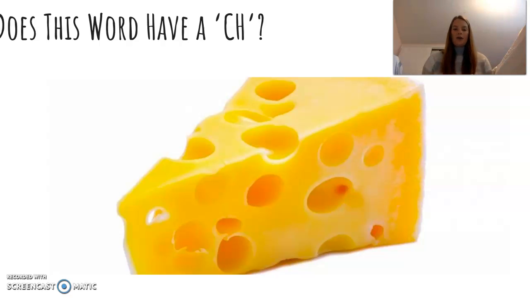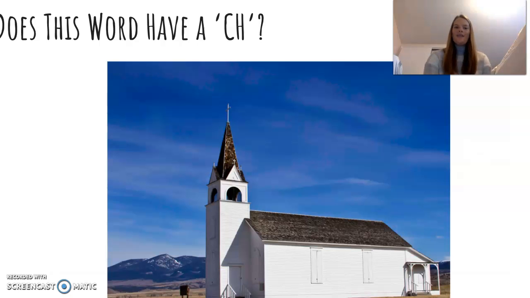And I want you to figure out if whatever picture I'm showing you has the digraph CH in its name. So let's go first with this picture. This is a piece of cheese. Now you tell me, does this object have a CH in its name? It does. Cheese.